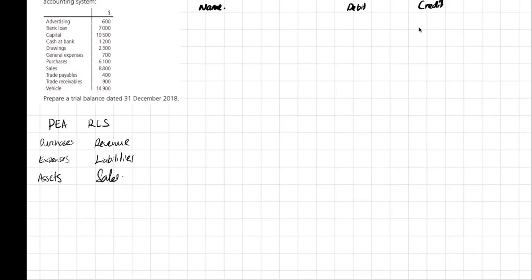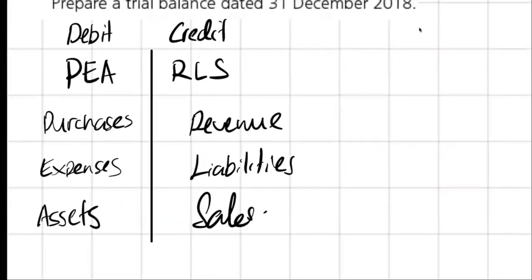We can see this, and then you can differentiate it. All of it will naturally have a debit balance here, and a credit balance here. So this is how you use your PEARLS. So when you have this, it's easier for you to identify them.